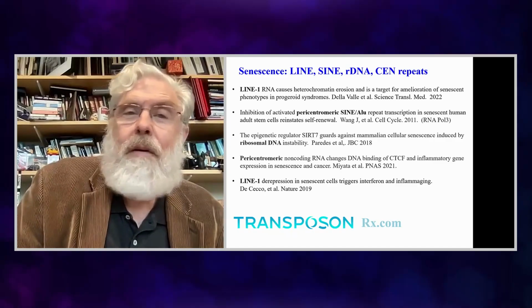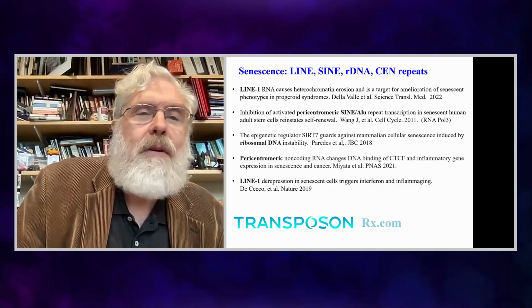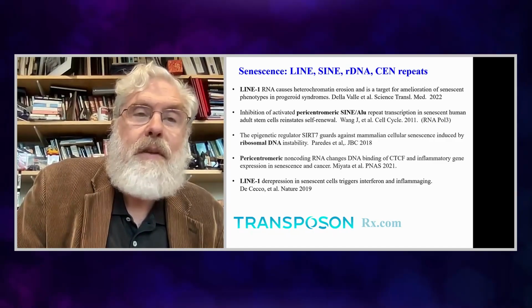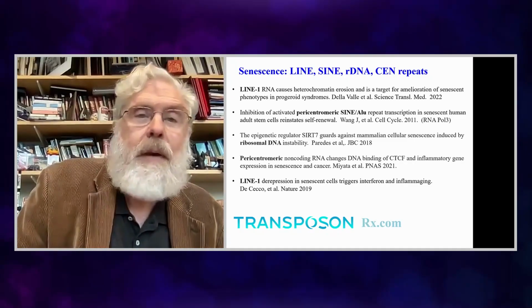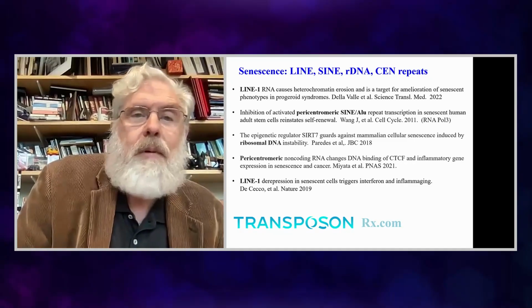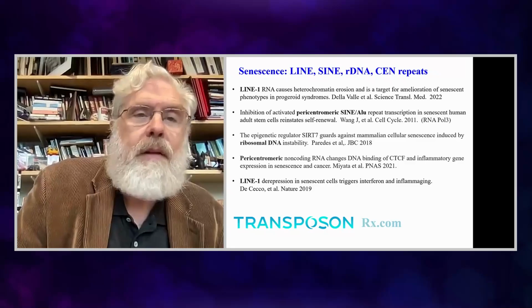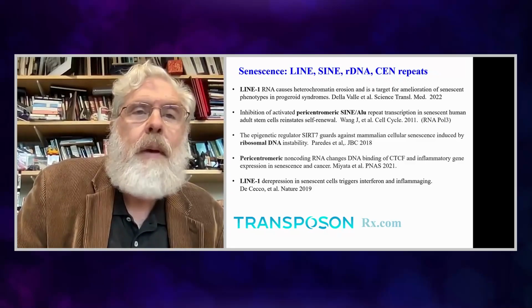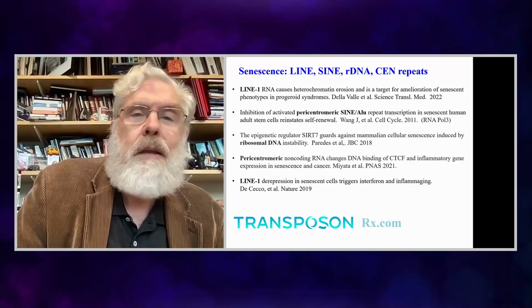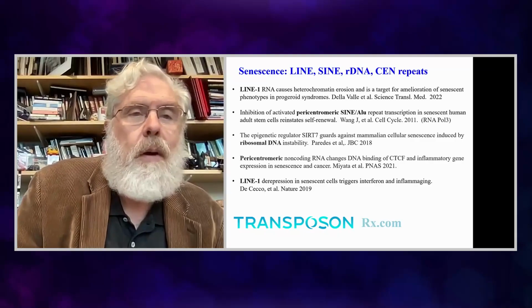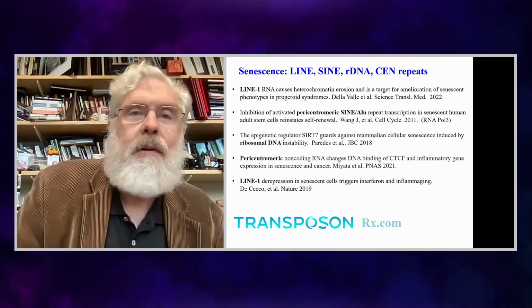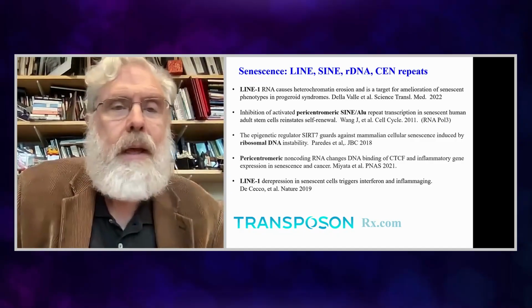They actually are in all 4 categories involved in various aspects of senescence, inflammation, and so forth. And here's some papers from a variety of laboratories showing this impact of centromeric and interspersed repeats, and so forth. And the telomeres we've already heard about is a 5th family.